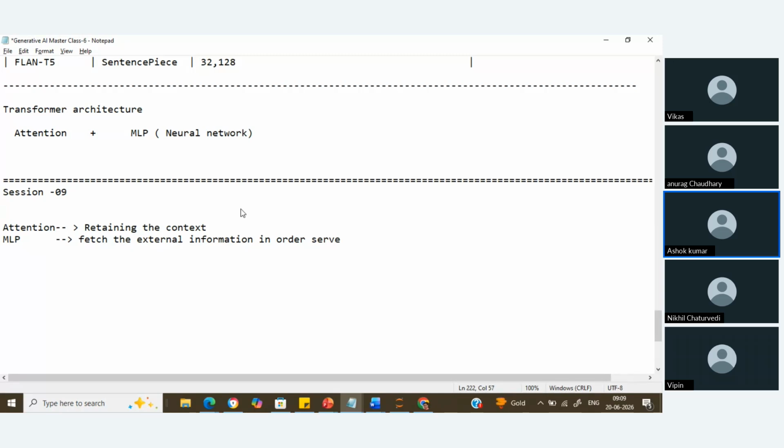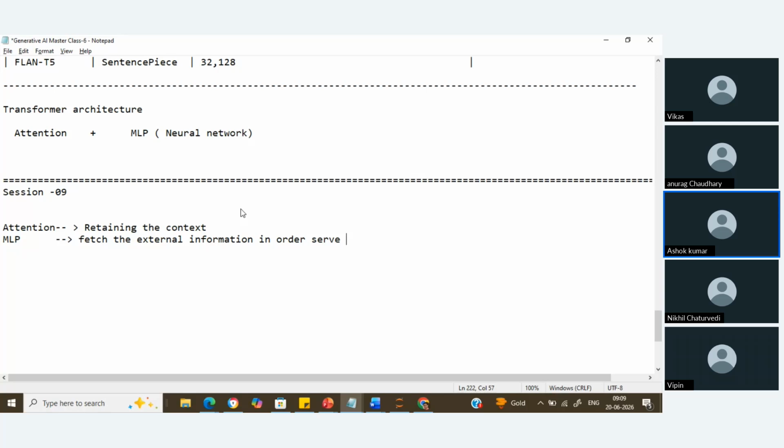We can take it in this particular way. If I asked you what is generative AI, you would refer to a particular book or the internet, fetch that information and provide it to me. So it fetches the external information in order to provide you more details.